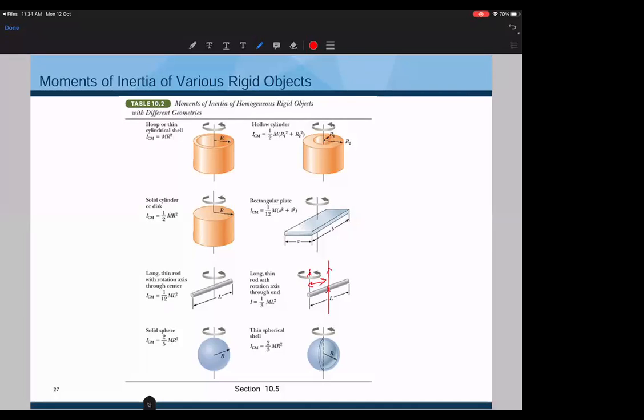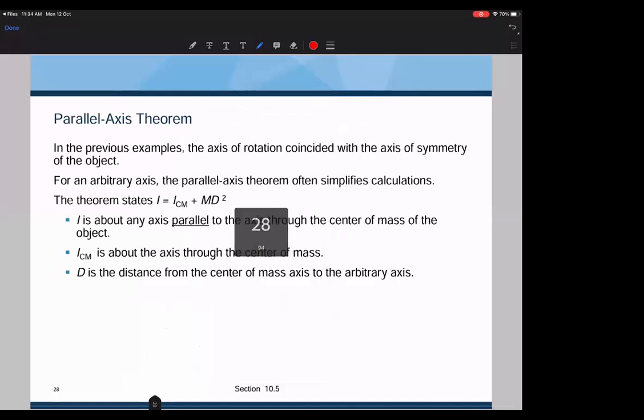And in that case, the moment of inertia about the axis that goes through the center of mass, let's call it ICM, is related to the moment of inertia about a new axis, let's call it I, by the parallel axis theorem. Parallel axis theorem can be found in this page.